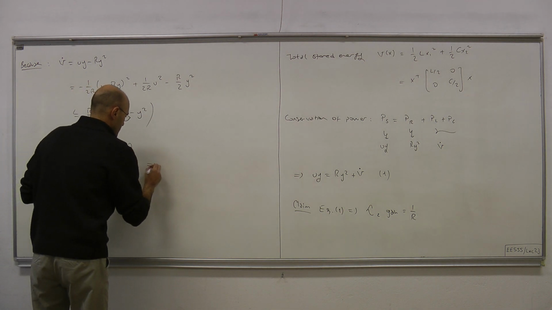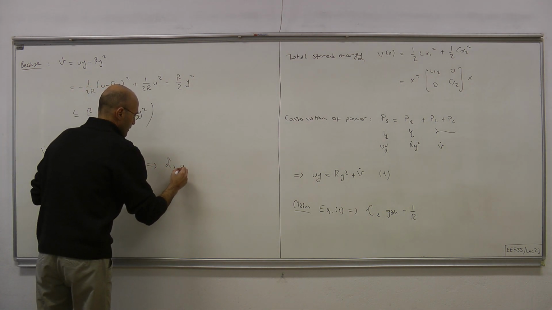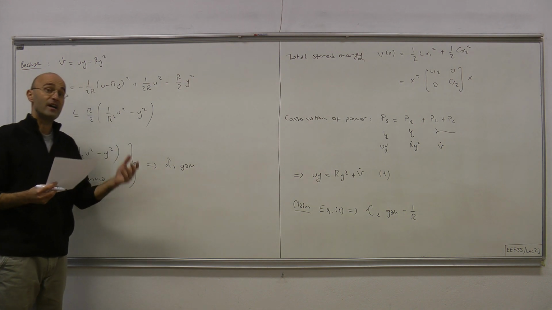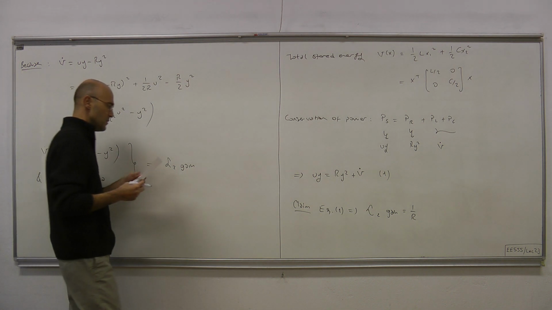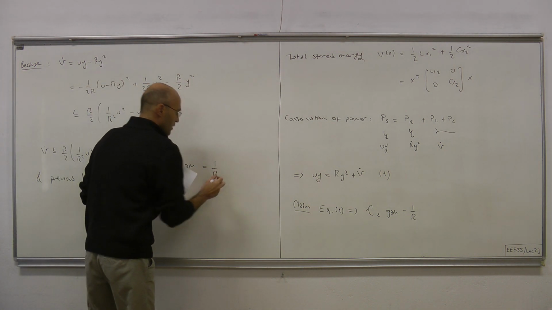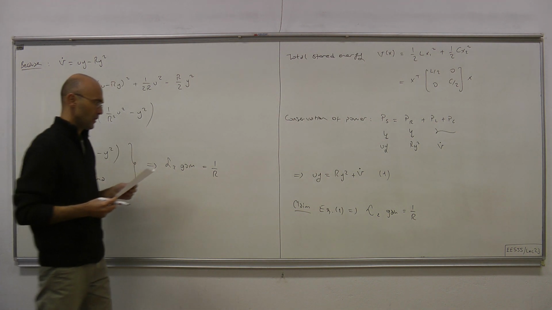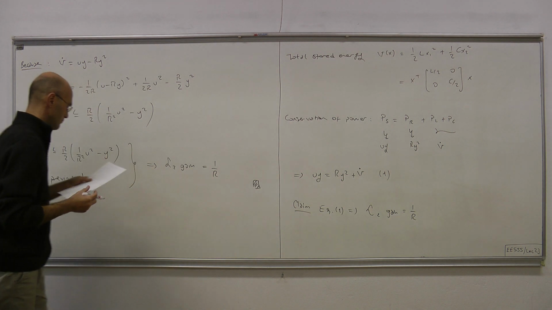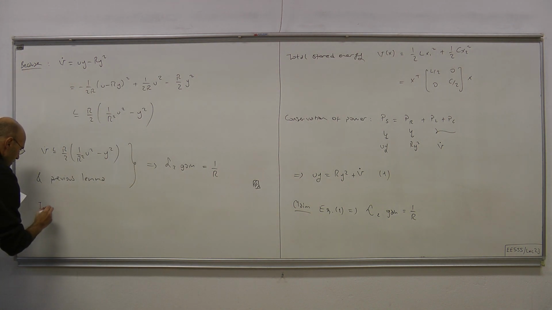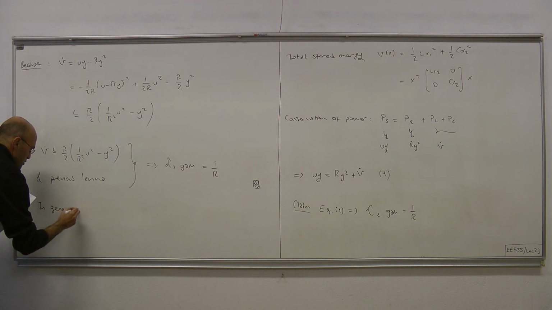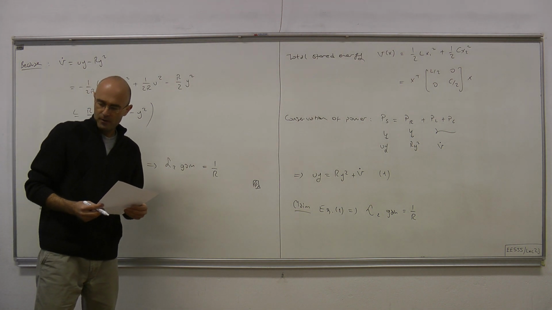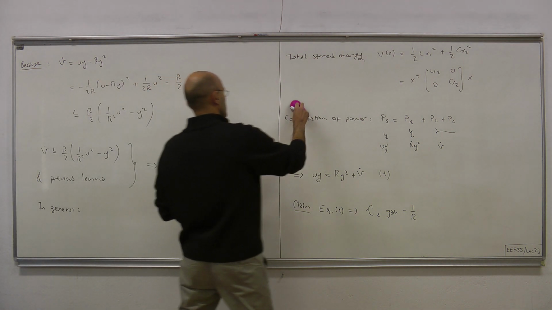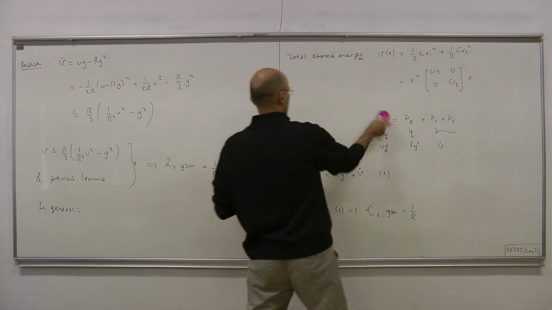Therefore, the system is L2 stable. In fact, finite gain L2 stable, and L2 gain is 1 over R. Now this observation can be generalized in a very straightforward manner to the following lemma.